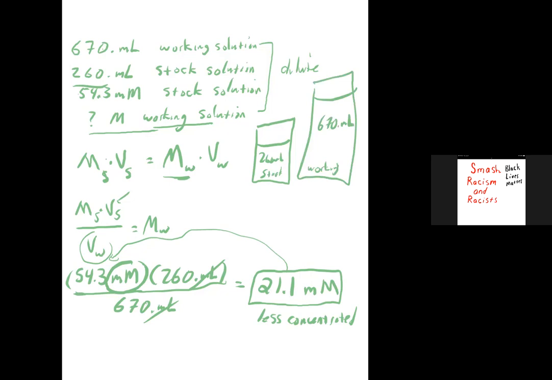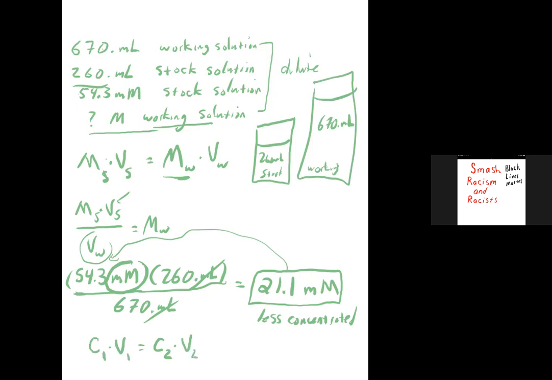All right. Just one brief mention. You can actually use different symbols. So I could say C1 for the concentration of the stock times V1, which is the volume of the stock, is equal to C2, which is the concentration of the dilute or the working, times the volume of the dilute or the working.